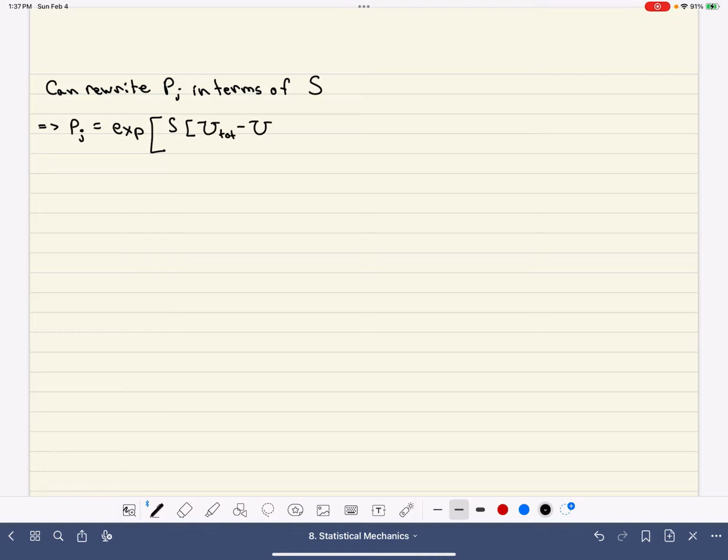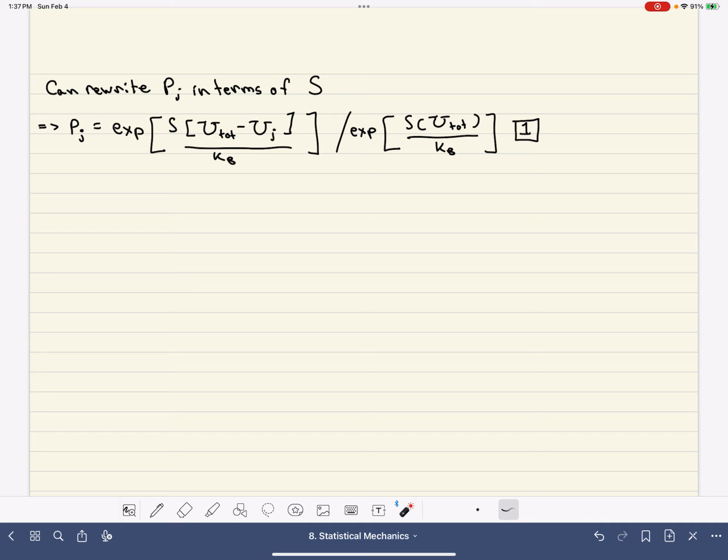And for subsystem J, I'm just going to write it as u_j now. This is divided by k_B, in an exponential. Now we've rewritten the probabilities in terms of entropies, and I'm going to write this as equation 1. So we've exchanged the omegas for entropies.